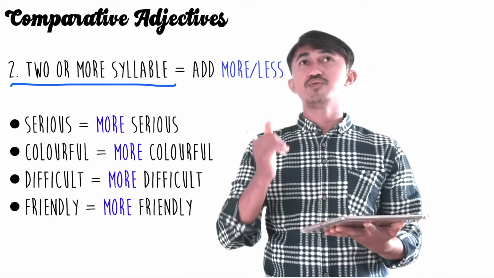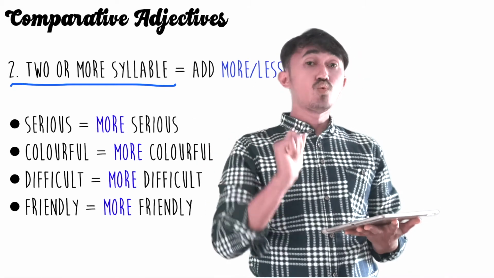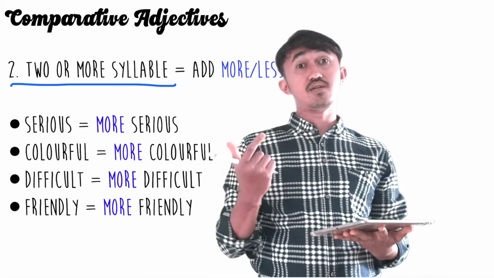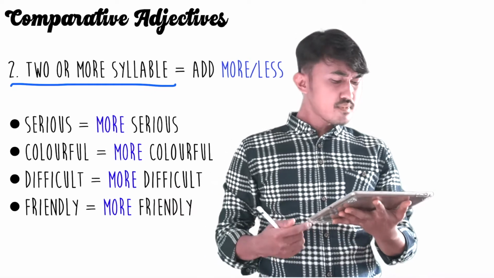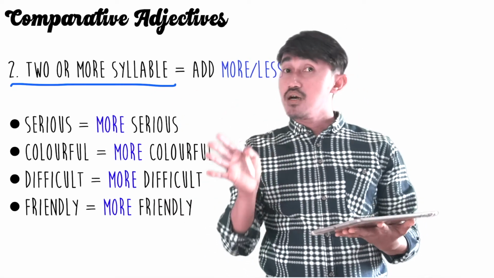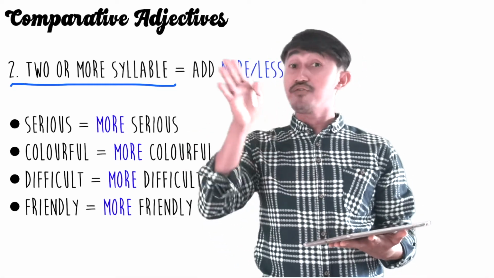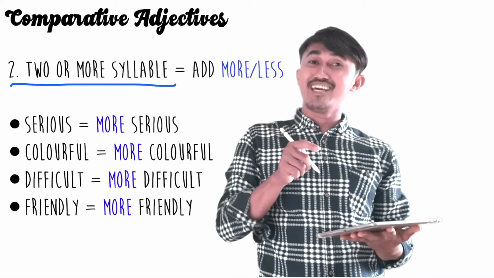For example, you have serious. Two syllables, divided into two breaths. Serious. Colorful. Difficult. Friendly.